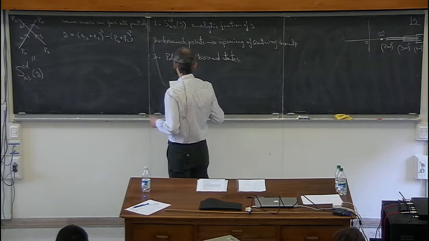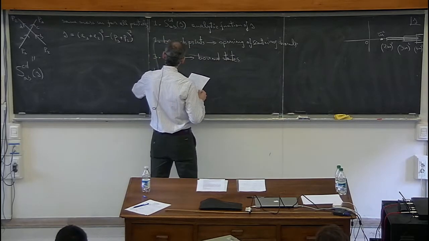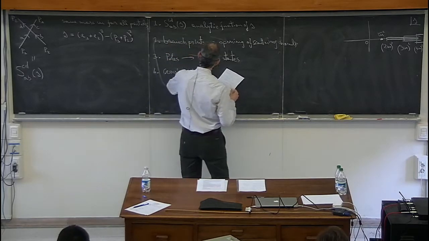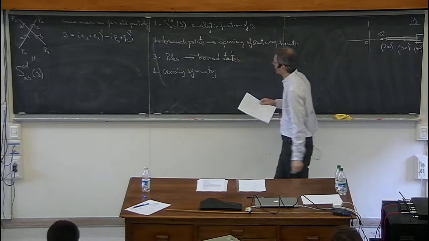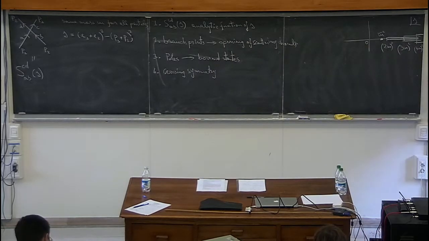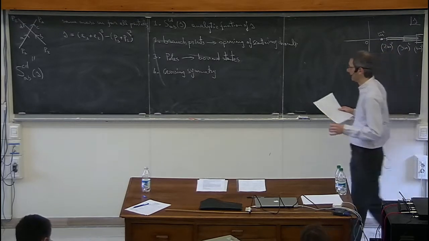Then the fourth property is crossing symmetry. This is a property which is characteristic of relativistic scattering, and it says the following. I state it.